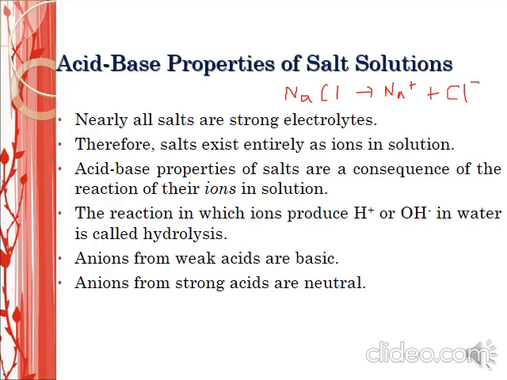So how to find the property of this salt? Is it neutral? Is it acidic? Or is it base? There are rules to that. So note here: anions from weak acids are basic, anions from strong acids are neutral.